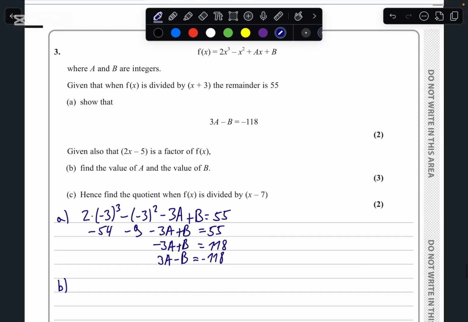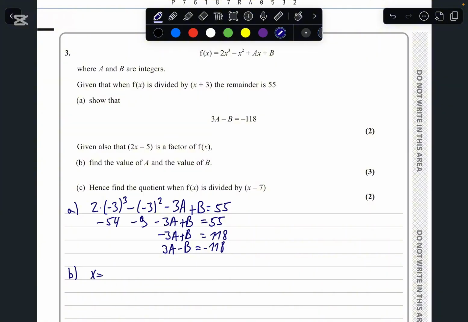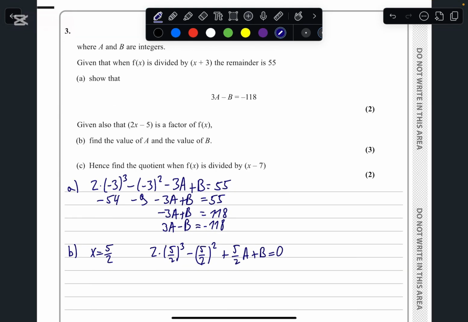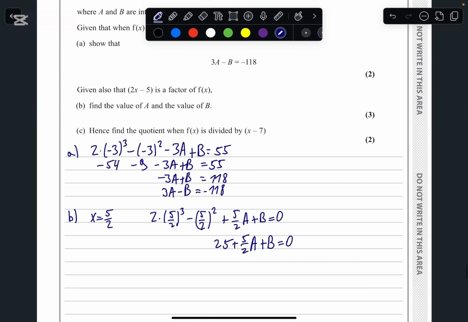In this case, we will substitute x with 5 over 2, and we get an equation of 2 times 5 over 2 cubed minus 5 over 2 squared plus 5 over 2 a plus b is equal to 0. Substituting that, we get that.